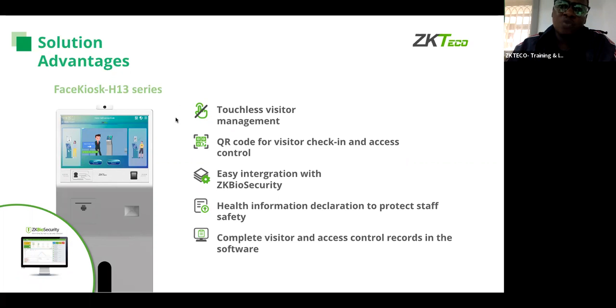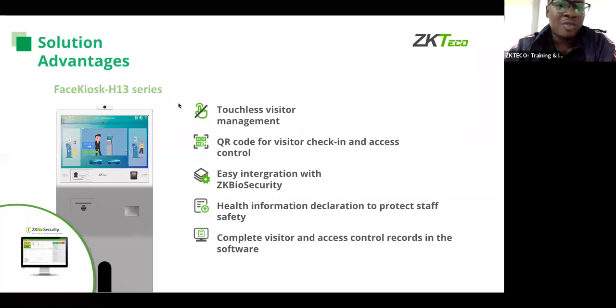So our controller is what you are going to be integrating with the elevator control system. Once you do that, you add our controller to the elevator control system module. Then you add the FaceKiosk to biosecurity. Now the FaceKiosk can talk with the elevator module using biosecurity as a means. I'm going to be showing you the module on biosecurity too, so you can get what I'm really talking about.